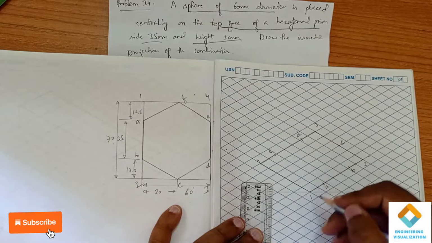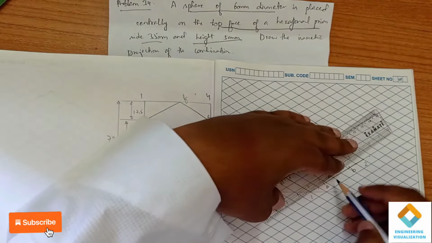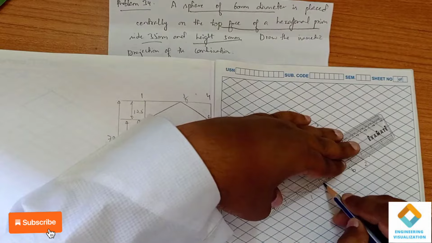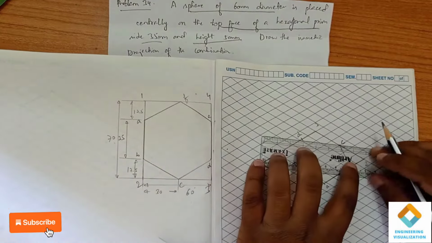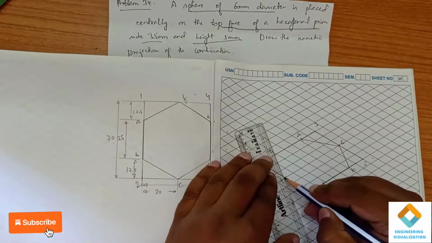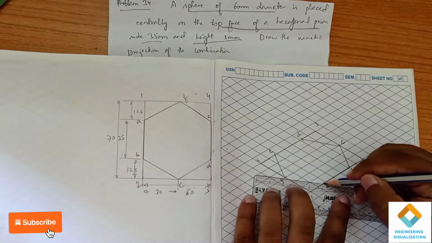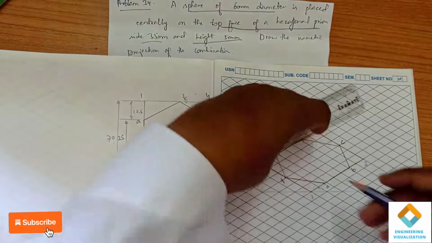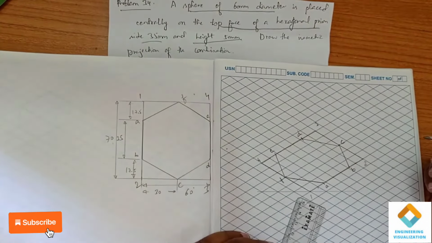Next 1 to 4, F is 30. Okay. So now we will join it to construct the hexagon here. Okay, so it is done.